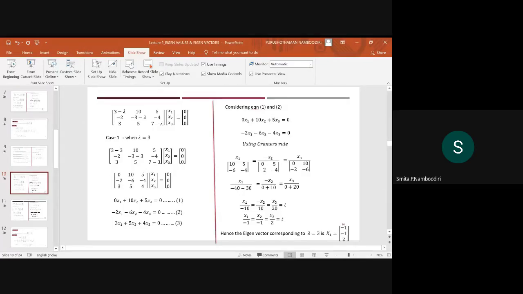This is the eigenvector corresponding to lambda equal to 3. So we'll go to the next eigenvalue, which is 2.